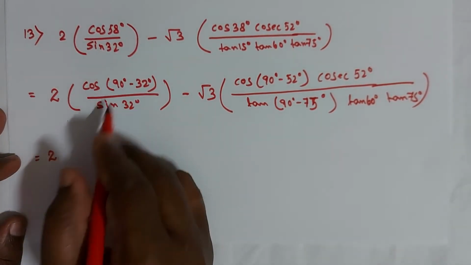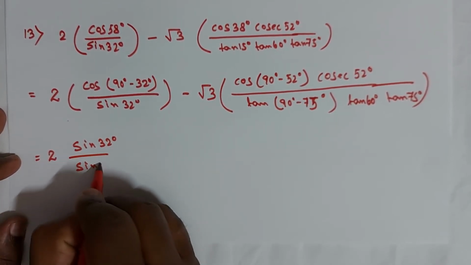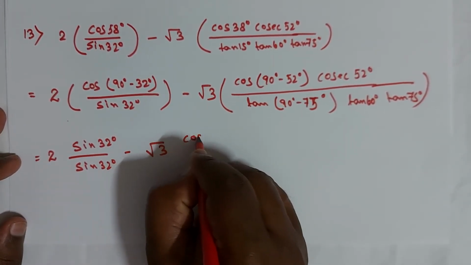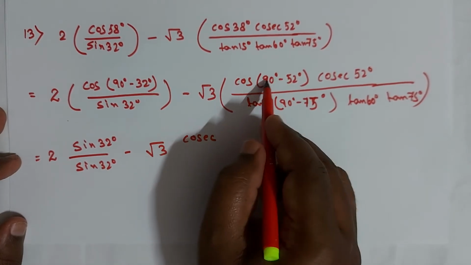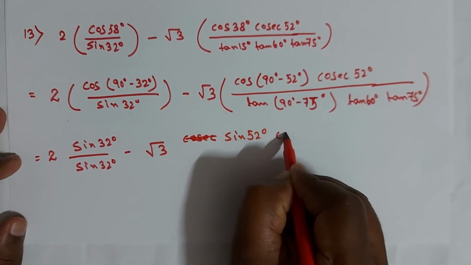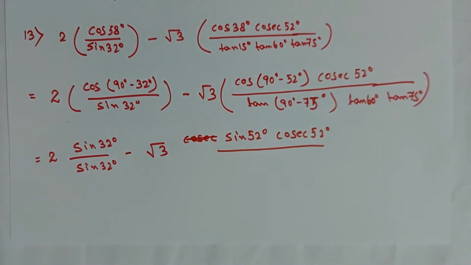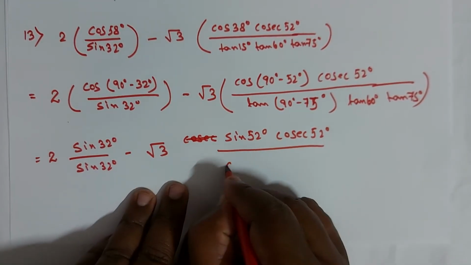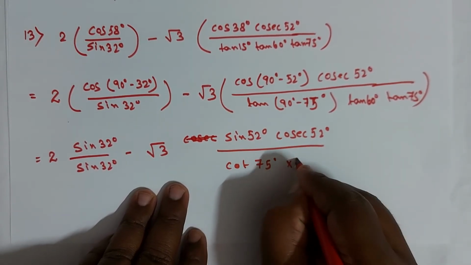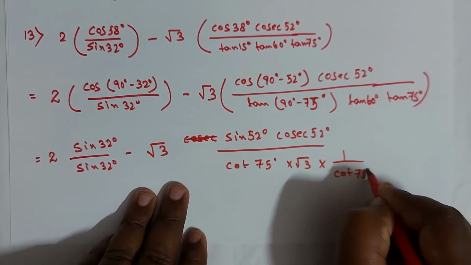Now this will be sin 32 degree by sin 32 degree minus root 3, sin 52 degree into cosec 52 degree by tan of 90 minus 75, this means cot 75 degree. Tan 60 means root 3, into tan 75 means 1 by cot of 75 degree.